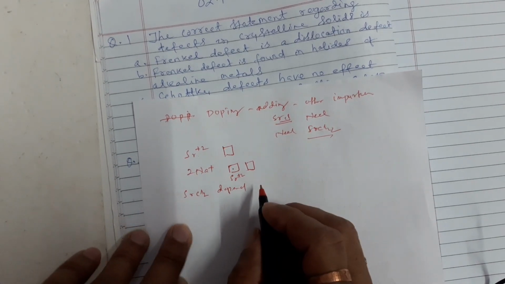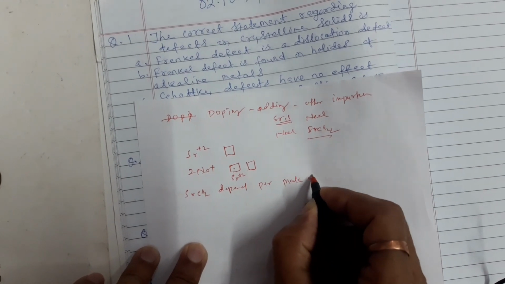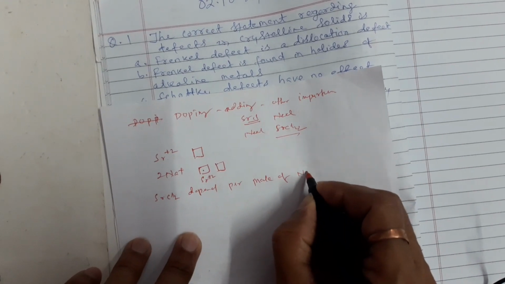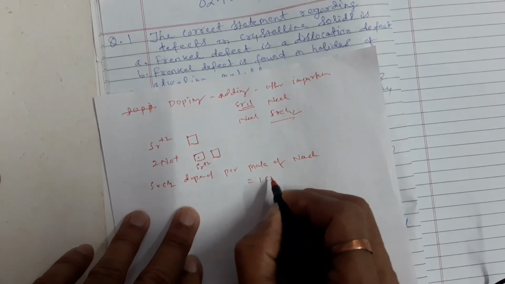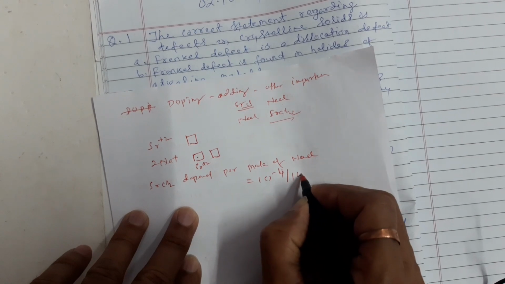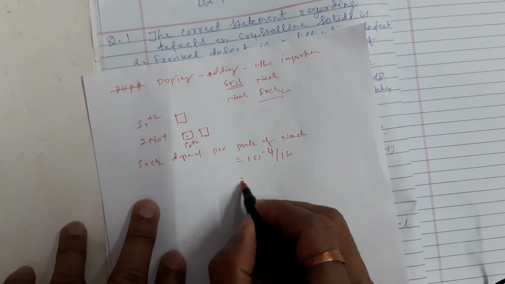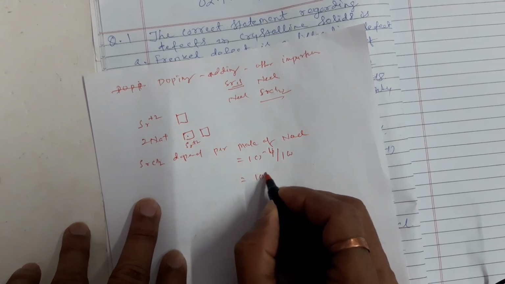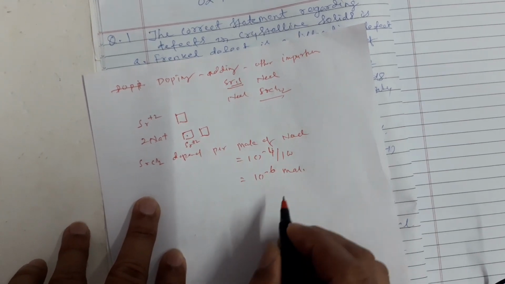per mole of NaCl is equal to 10 to the power minus 4 by 100. So this is equal to 10 to the power minus 6 mole. Okay.